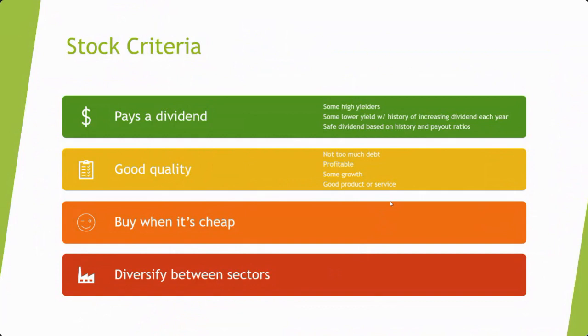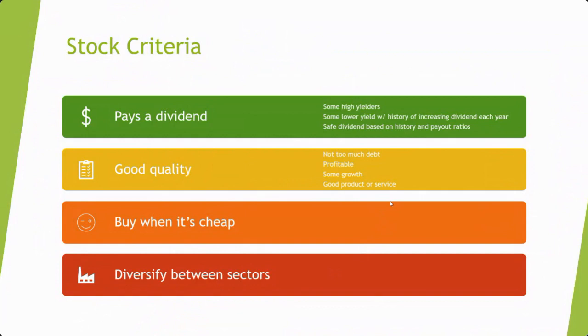One of the ways I can increase the odds of the dividend being safe is that they have a good history of paying and increasing the dividend. And then I also look at the payout ratios. If they're paying out more in dividends than they're making in earnings, then that may not be a sustainable situation, and the dividend may be in danger of being cut.